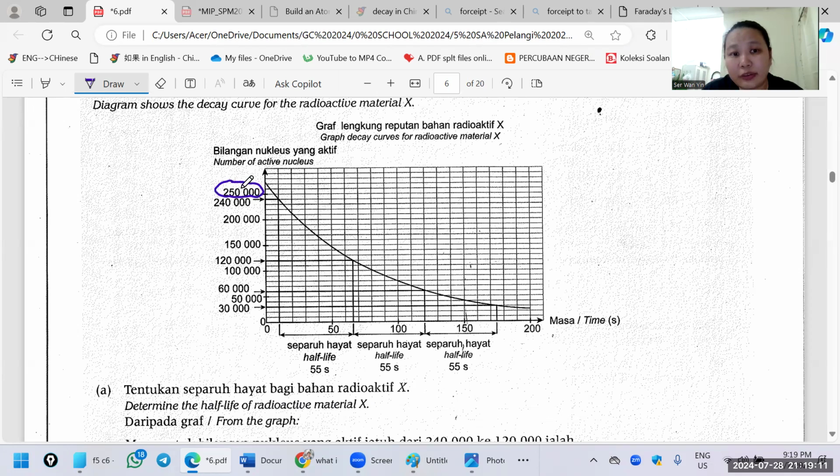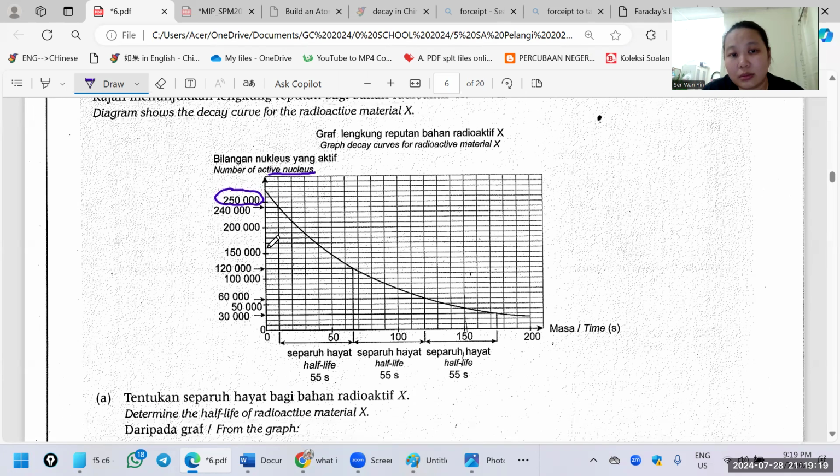Original 250,000 nuclei. So become half is 125,000. So it's around here. It's the center here.